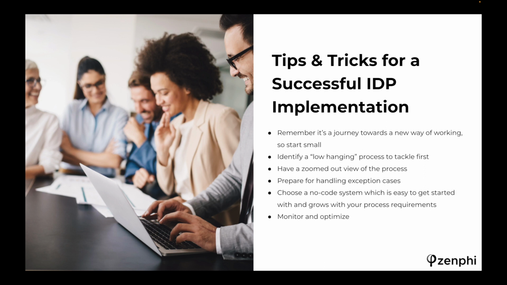And the fourth one, which for me is the most important one, is always prepare for handling exception cases. AI has come a long way, but still cannot get it 100%. So you cannot put this 100% on autopilot, at least at the beginning. You need to start handling exception cases.